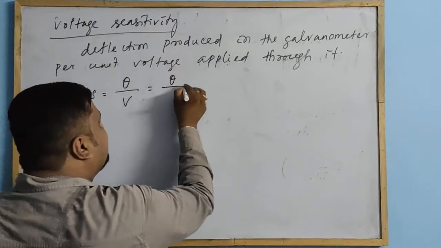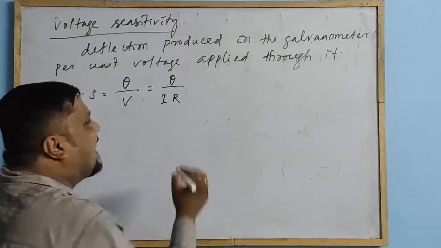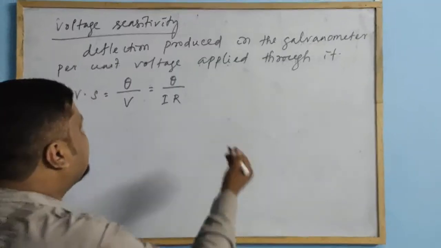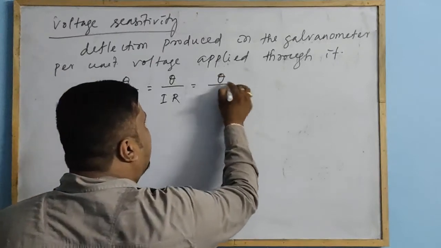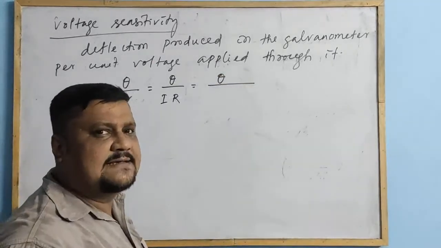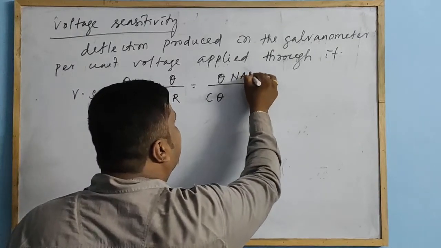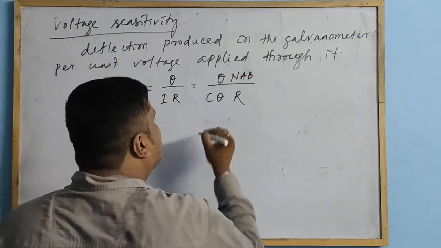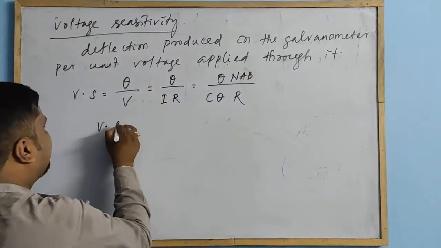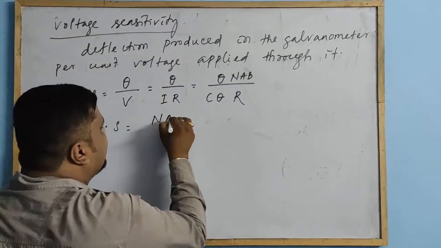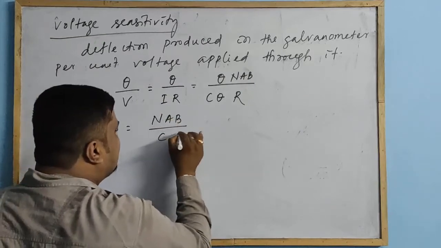So you can put theta by I R, where I is equal to C theta by NAB. Theta gets cancelled. So I can write the voltage sensitivity is equal to NAB by CR.